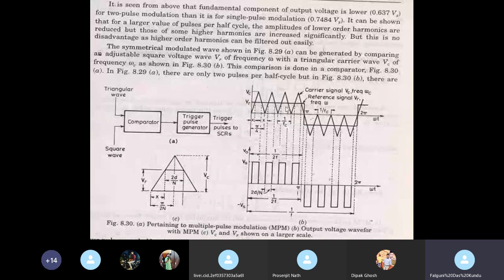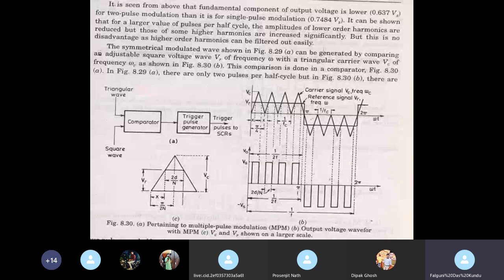And this is the square wave, the reference signal Vr, frequency omega, okay? After that, this becomes the output voltage. That means at the crossing of these two points, we get the output voltage, okay? Otherwise, between these two instants, it becomes 0, okay?